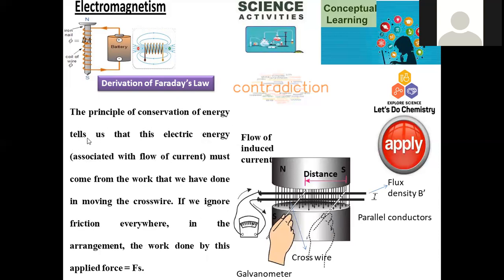The principle of conservation of energy tells us the electrical energy associated with the flow of current must come from the work done in moving the cross wire. So in order to move the cross wire from one direction to another, to what extent are we expending work? That work is in turn converted into electrical energy.